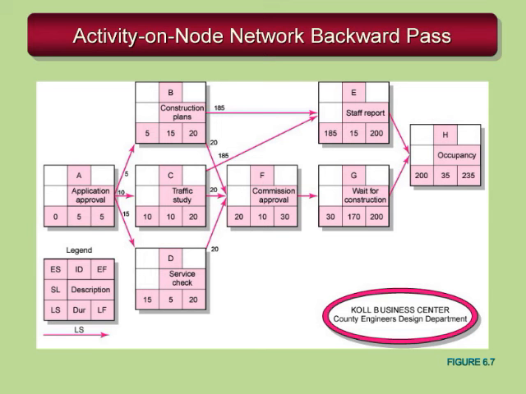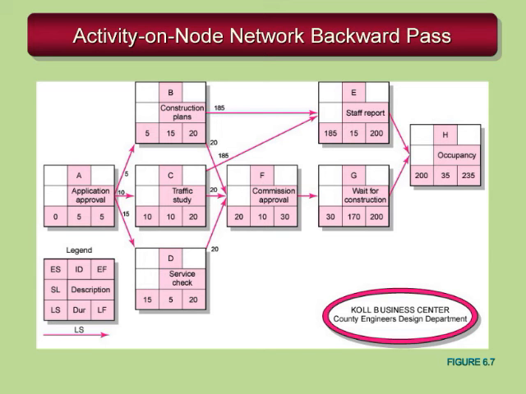The first place that happens is in activity B. You have 185 days coming out of activity E, and 20 days as the late start coming out of activity F. In the backwards direction, you always use the smallest number. So when we have a choice of 185 or 20, for construction plans we put 20, and so on down the line.